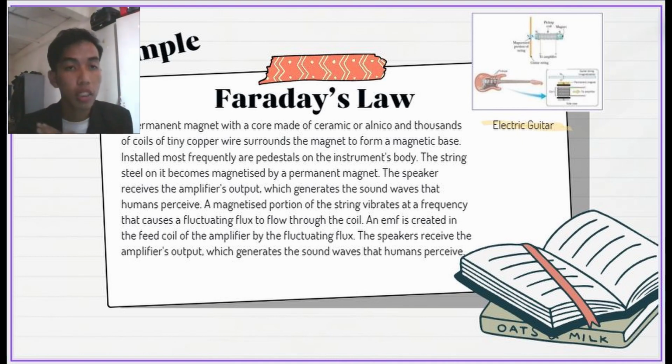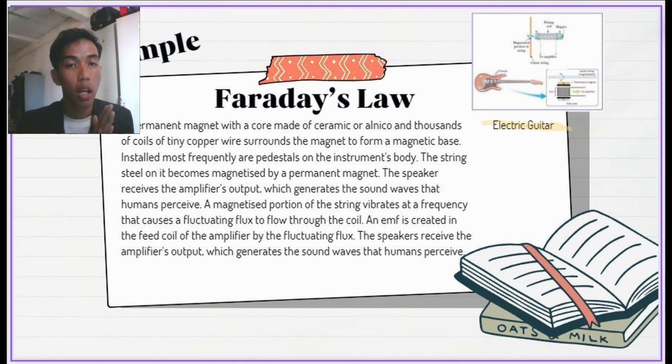A magnetized portion of string vibrates at a frequency that causes a fluctuating flux through the coil. An EMF is created in the pickup coil and amplified. The speaker receives the amplifier output, which generates the sound wave that humans perceive.